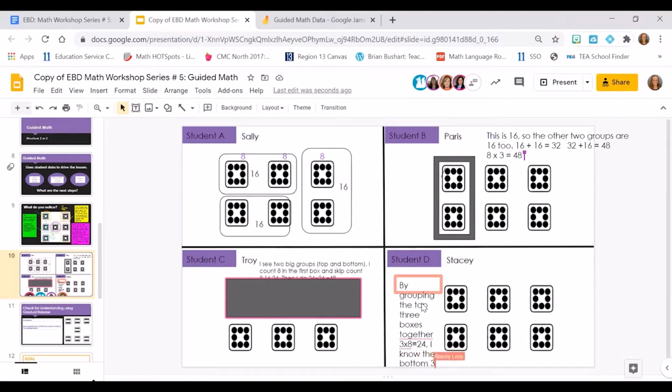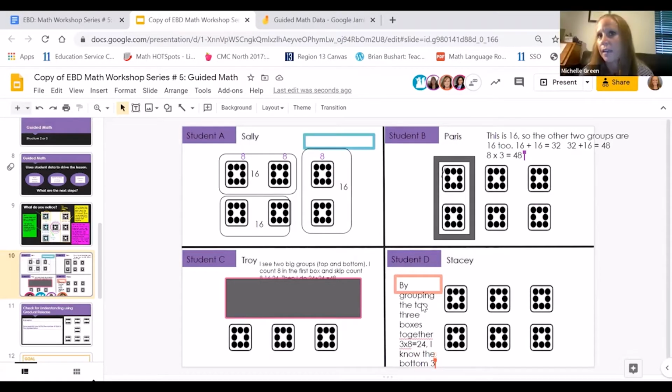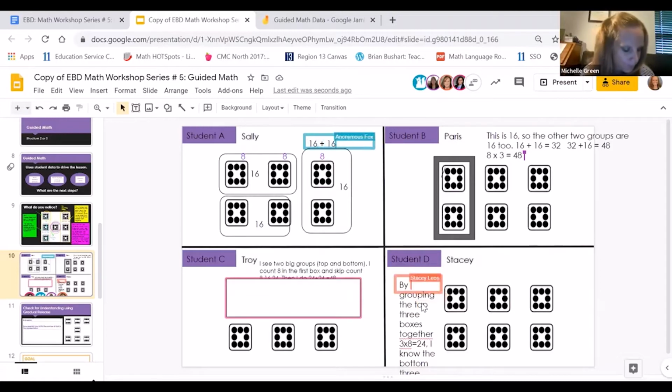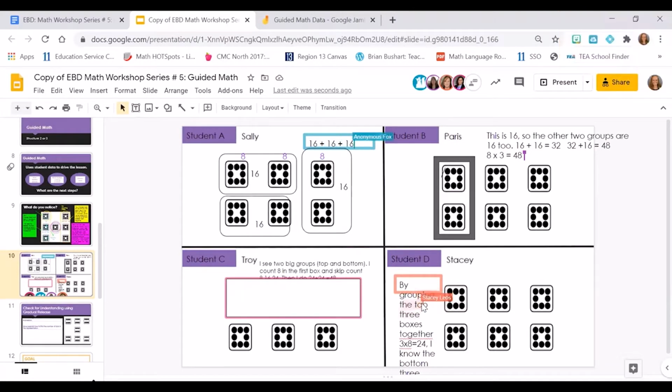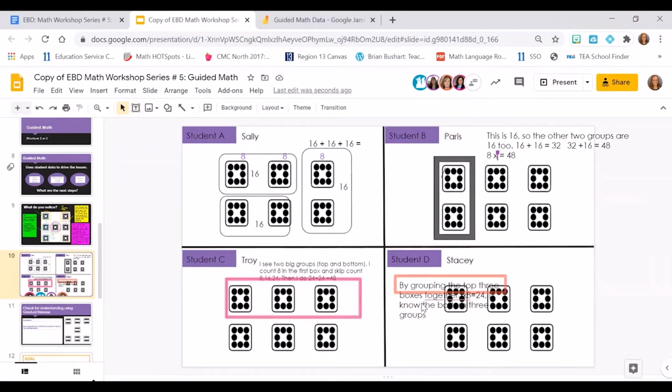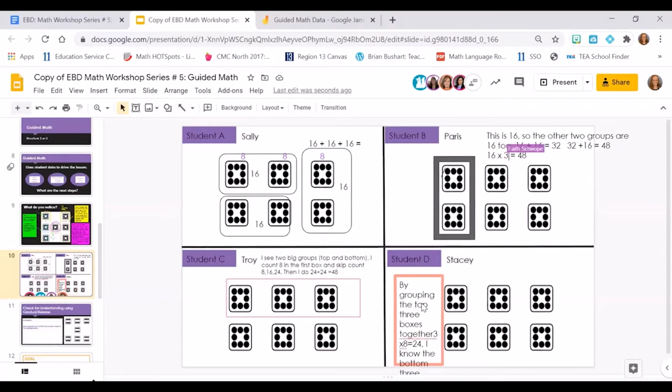8. So if you have 8 in each one and you have 6 squares, does that match your expression of 8 times 3? Or what are you thinking? So is it six? I was just thinking that because I only had to add three times, but I guess maybe I did the 16 times three.